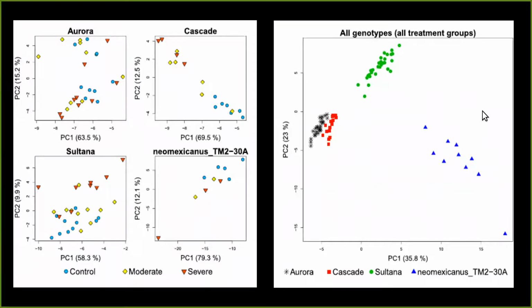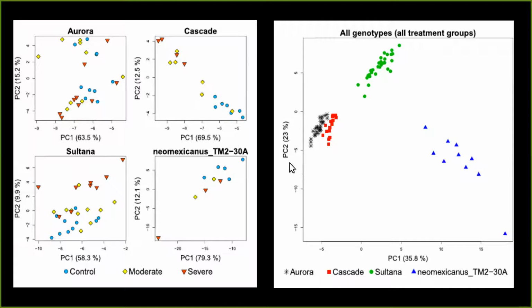Generally what this is telling us is that even though the drought treatments did have some effect on the overall composition of the leaves, genetics appeared to have a much larger effect. Even though we imposed different drought treatments, the chemical composition of each genotype remained distinct overall.